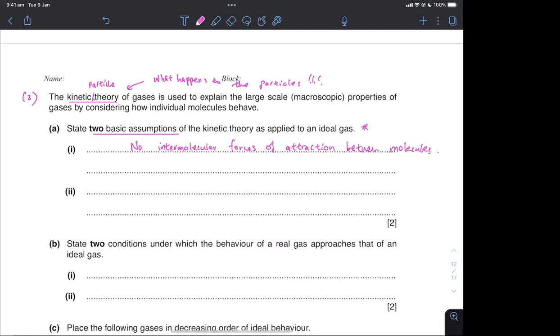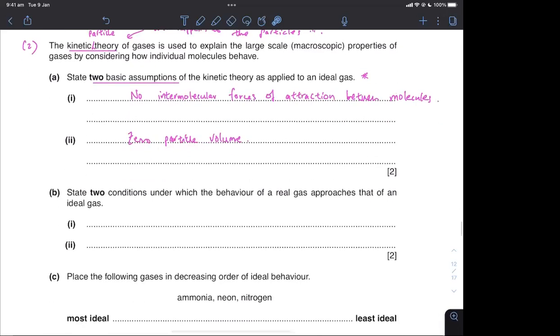And the other one was zero particle volume. That was stated in the syllabus just now, right? Of course, you can have some other ones like perfectly elastic collisions, negligible volume or zero particle volume, stated in the syllabus just now.